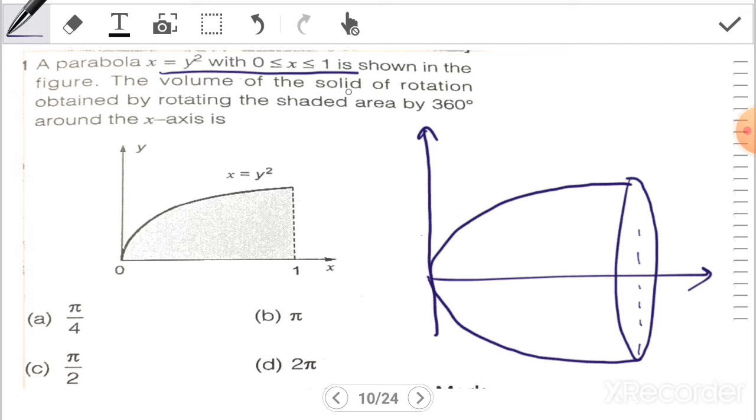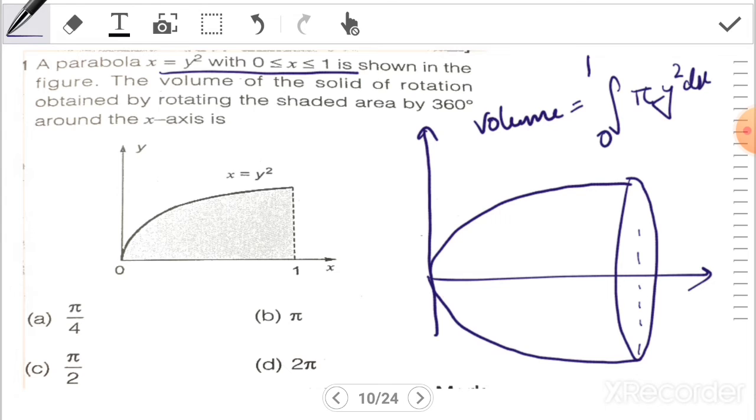So we know that since the rotation is about the x-axis, the volume will be equal to integral of pi y square dx, with limits 0 and 1.